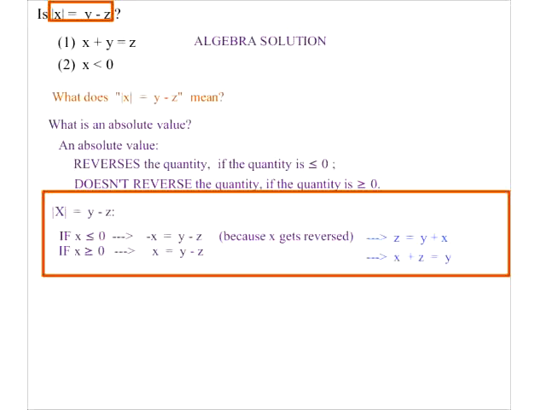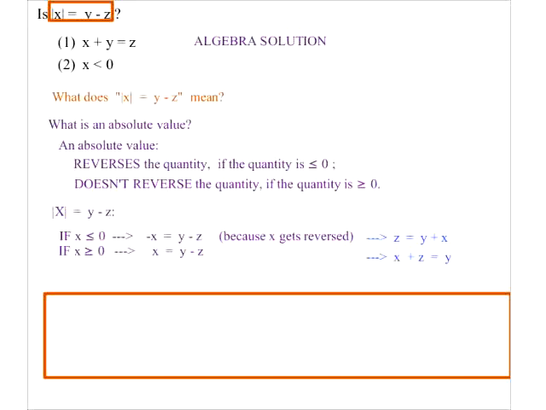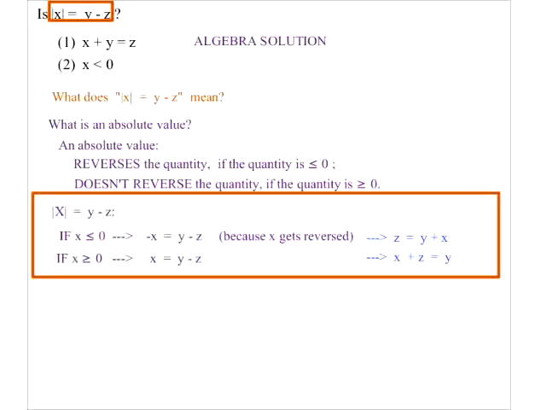We're just doing basic algebra there. So let me show the steps that I'm doing. In the first case, we're adding x to both sides, and then also plus z. In the second case, we're adding z to both sides.